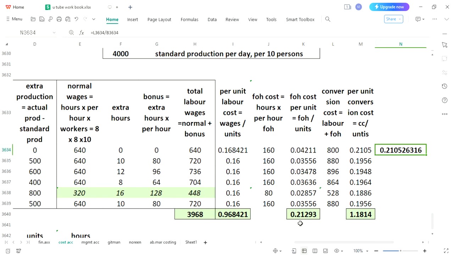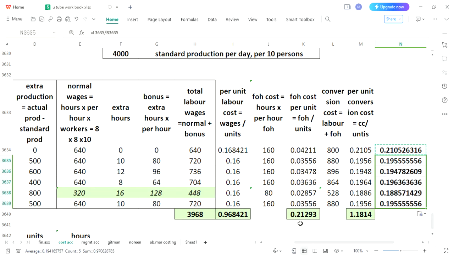I just let Excel calculate by itself. Look, in less than 2 seconds you have calculated the per unit cost. It was possible for me to calculate in this way, but instead of copy pasting, I have calculated each and every amount separately, just to make sure that you can memorize the formula.